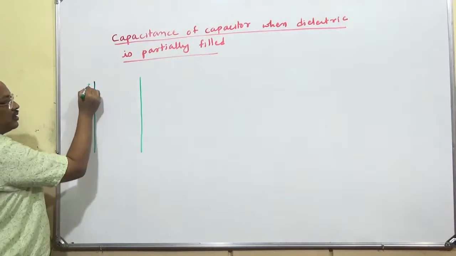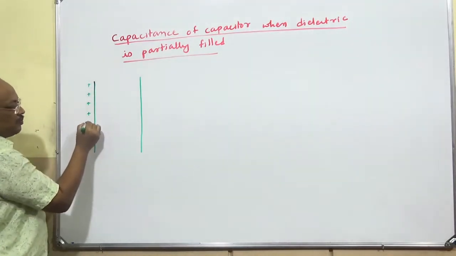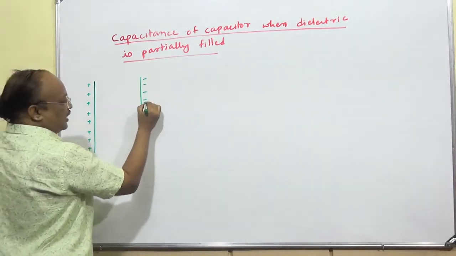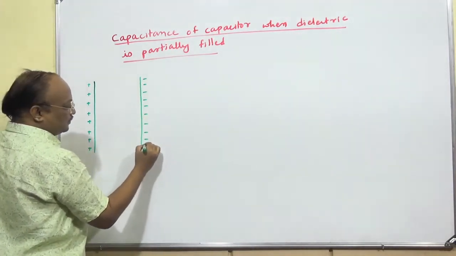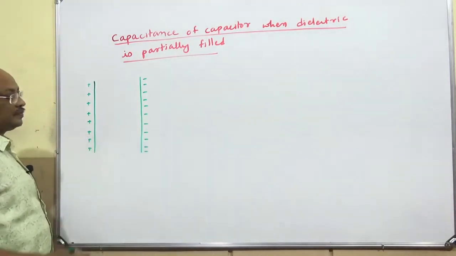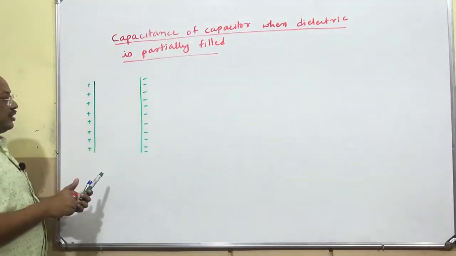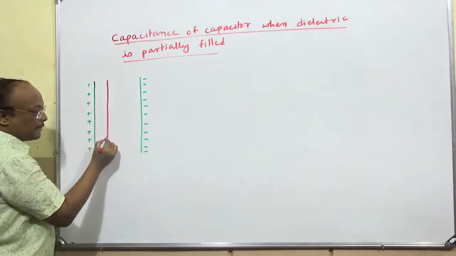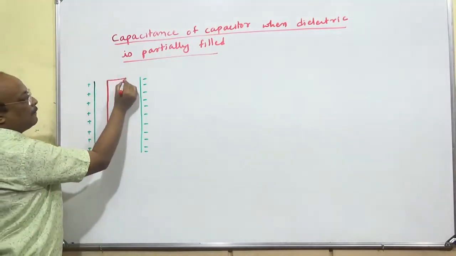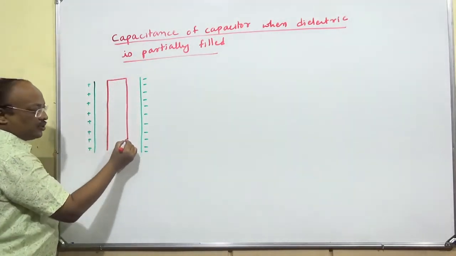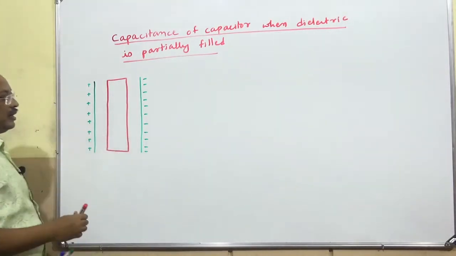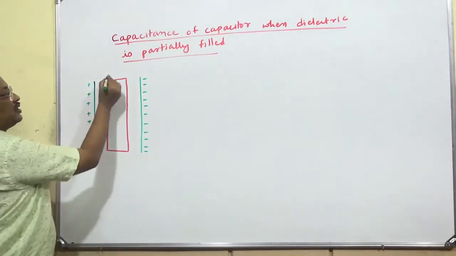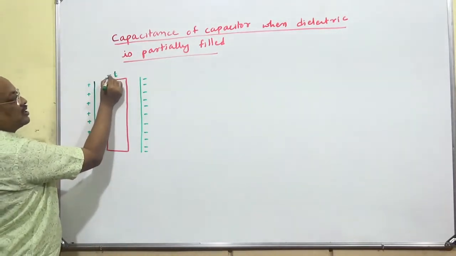we have a capacitor. This plate is positively charged and this is negatively charged. I am introducing a dielectric in between these two. T is the thickness of this.